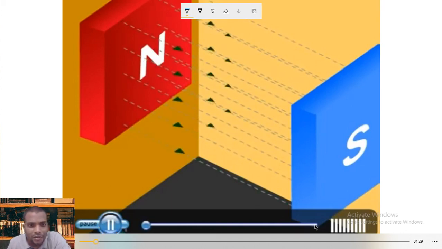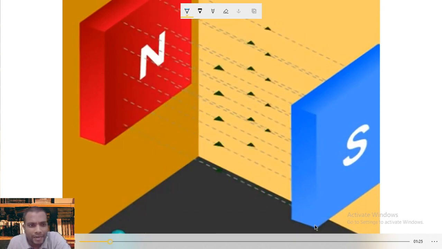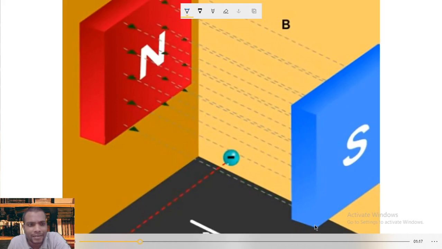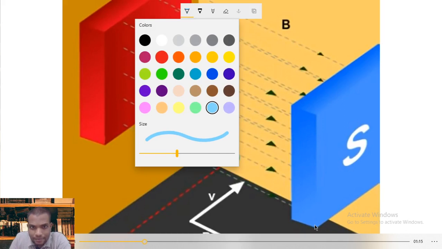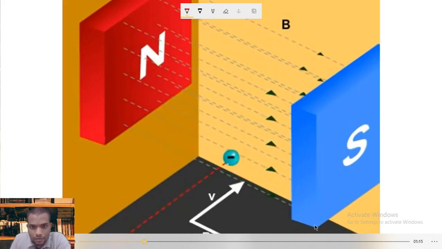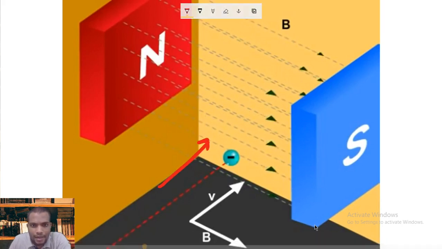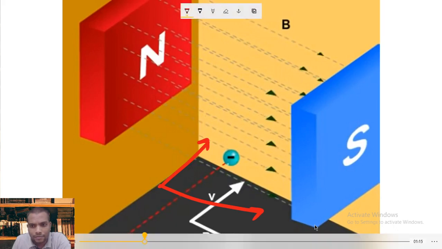Here the magnetic field direction is as shown; it is a uniform magnetic field. Here an electron is moving perpendicular to the magnetic field, just about to enter the magnetic field. If I draw the velocity vector direction, the velocity vector is showing along this direction, and the magnetic field vector is showing along this direction.